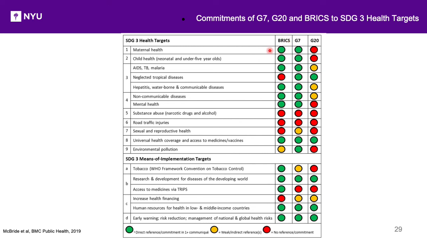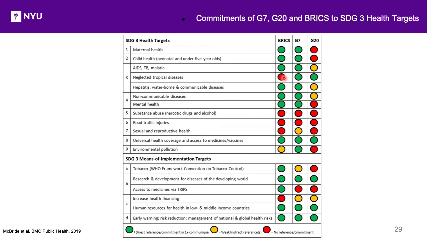So, for example, when we look at maternal health, the BRICS countries have made strong references in at least one communique. The G7 have also communicated strong support or direct references. The G20 have not. Same with child health, and AIDS, TB, and malaria, with only a weak or indirect reference from the G20.